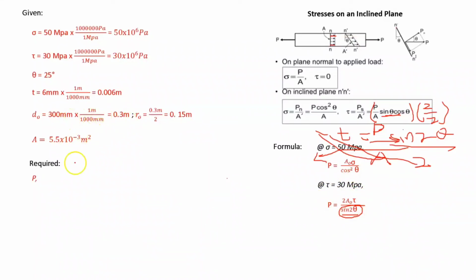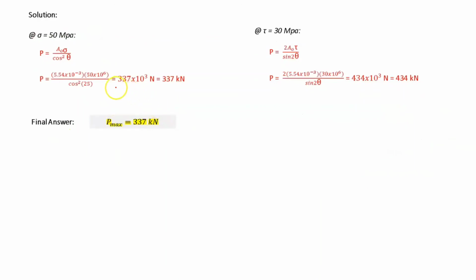So let's input and calculate. For the solution at 50 MPa, this is the normal stress, this is the formula. Input the area and the normal stress, 50 times 10 raised to 6. This was the angle. So the answer is 337. And for the shear stress at 30 MPa, this was the formula.